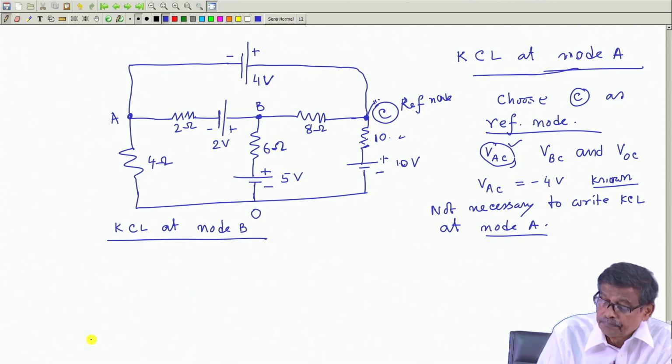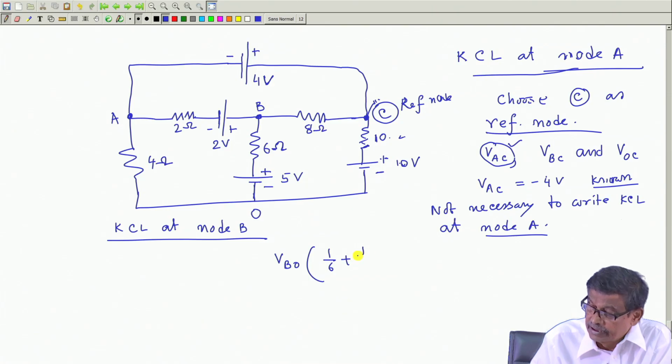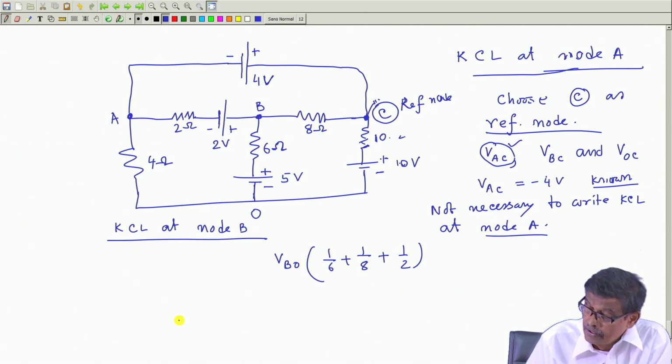The coefficient of VB0 will be the sum of reciprocals of all the resistances, that is 1 by 6 plus 1 by 8 plus 1 by 2. 6, 8 and 2 are connected to B. So, this will be the coefficient of VB0.